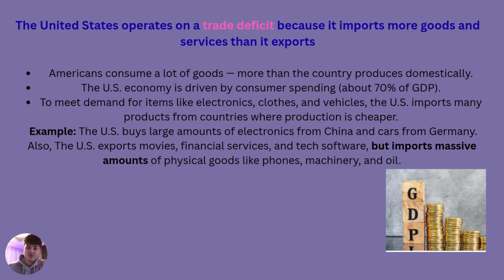So we spend less when it comes down to it. For example, the U.S. buys large amounts of electronics from China and cars from Germany. Also, the U.S. exports movies, financial services, and tech software, but imports massive amounts of physical goods like phones, machinery, and oil.